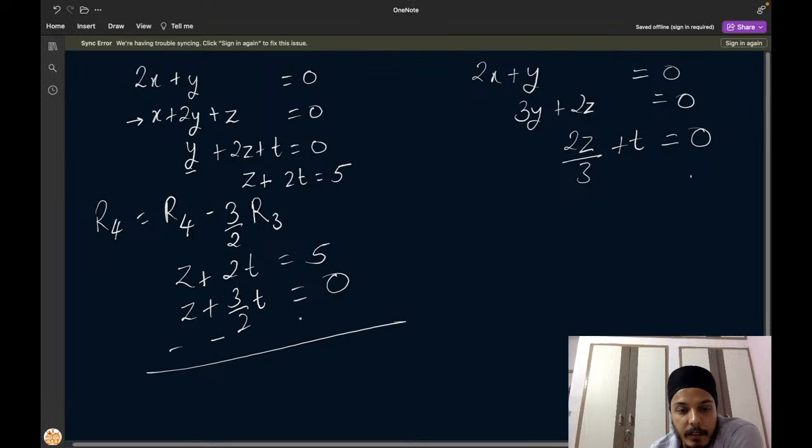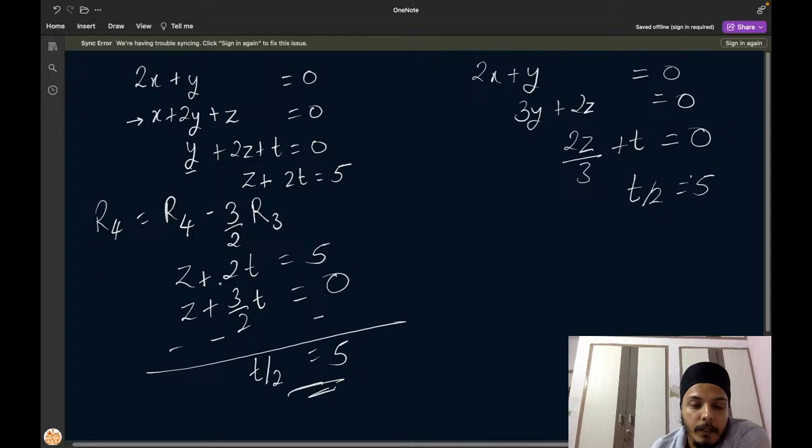Now we subtract these equations, and we get t by 2 equals 5. This is our fourth equation, so we can write it here: t by 2 equals 5.